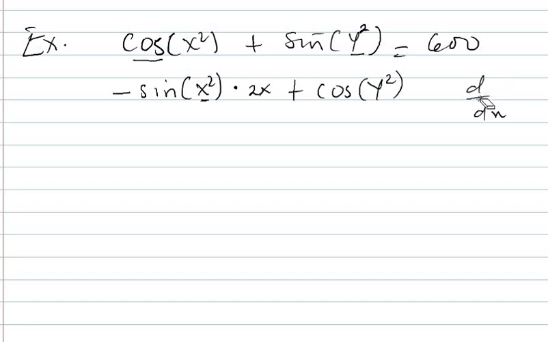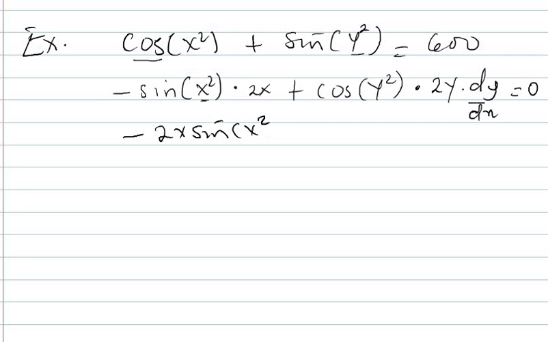The derivative of y squared is 2y, and since we are differentiating y, we add dy/dx. The derivative of the constant term is 0. So from here we have minus 2x sin(x squared) plus 2y cos(y squared) dy/dx.